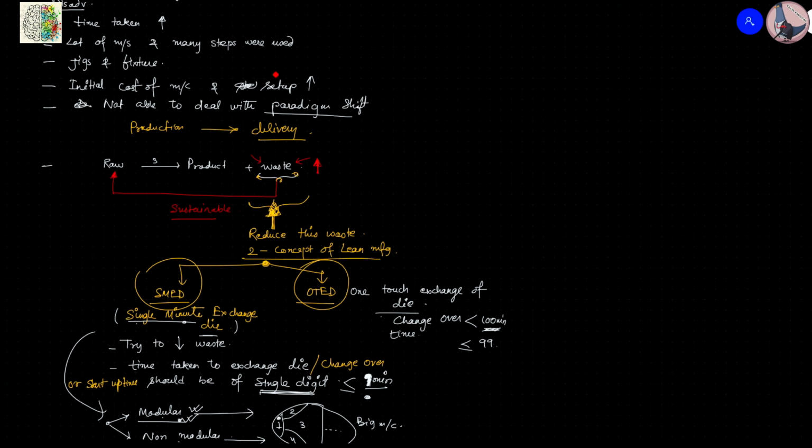Okay, so these were the steps, but out of all these problems, the most important problem which subtractive manufacturing was facing was the paradigm shift from production to delivery.